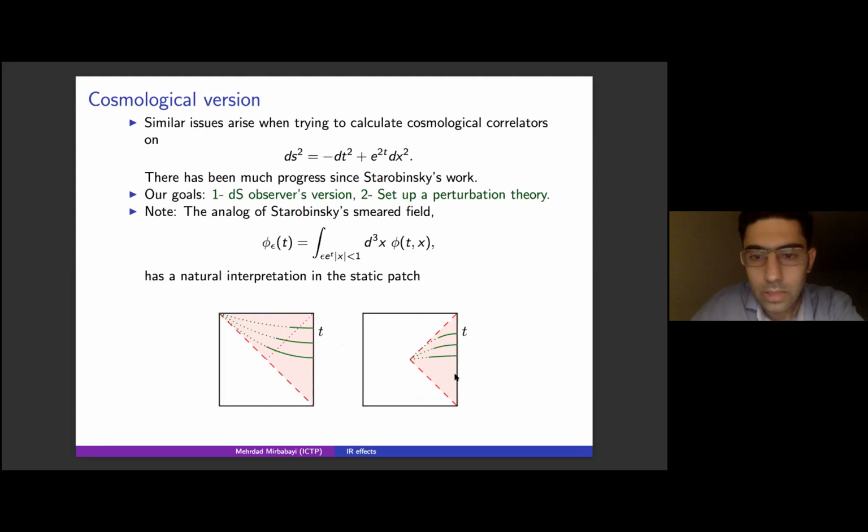While I'm studying in the picture on the right, which is the static patch. And one reason for it was that this is the intermediate object that you are working with, this average field. And the picture on the right is something that someone is observing. So I thought that is the nice feature of this change of perspective.